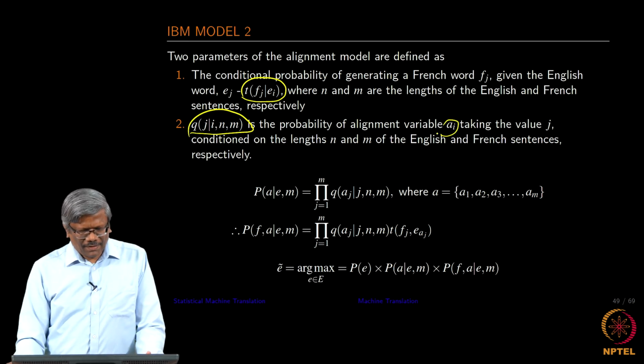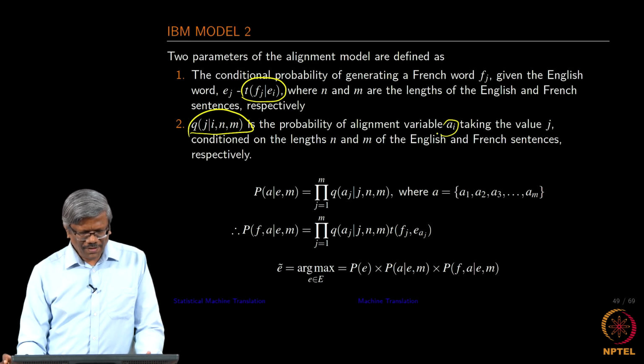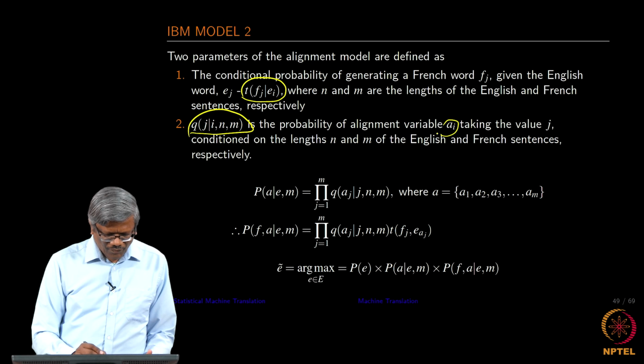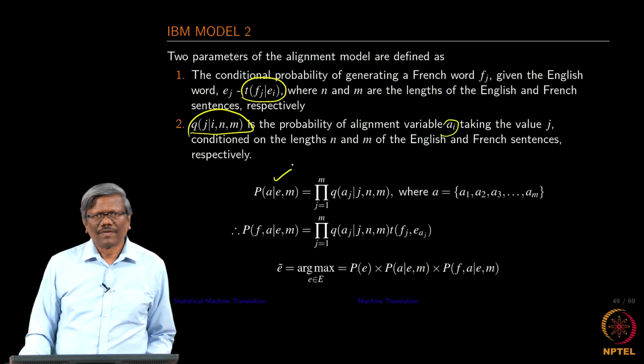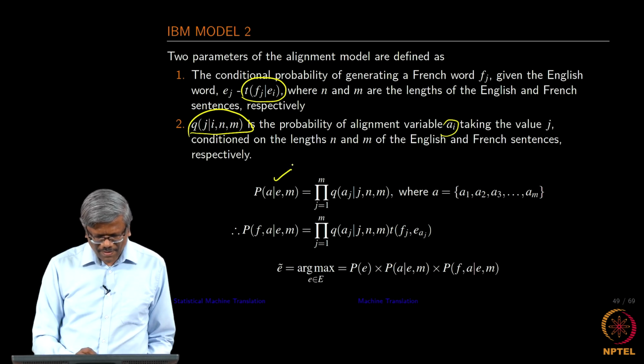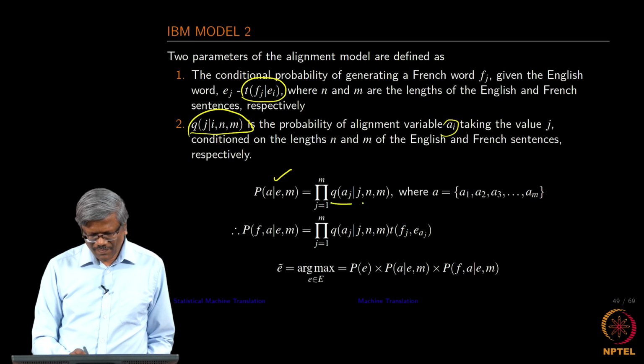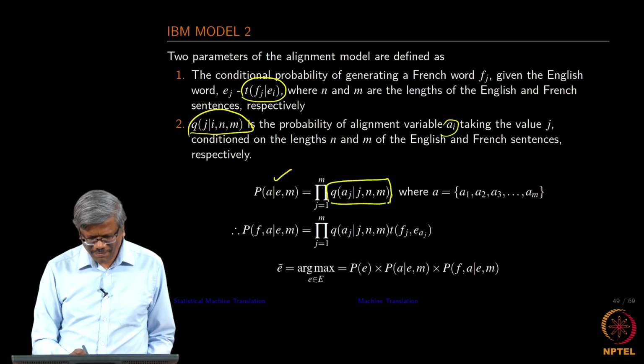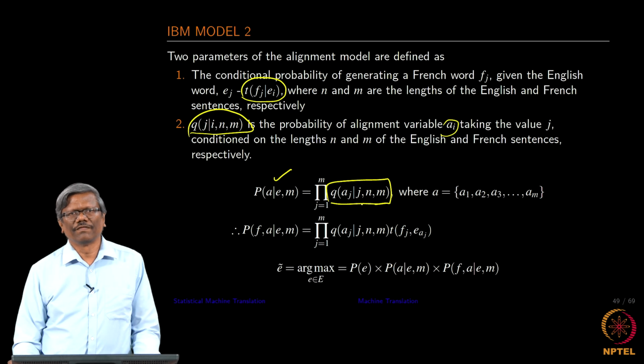Okay. So, here the translation model contains the product of several probabilities of alignment.